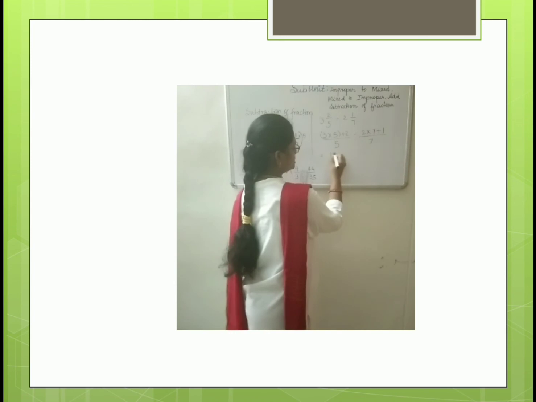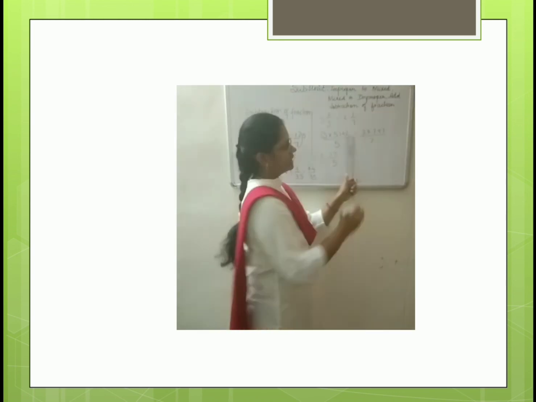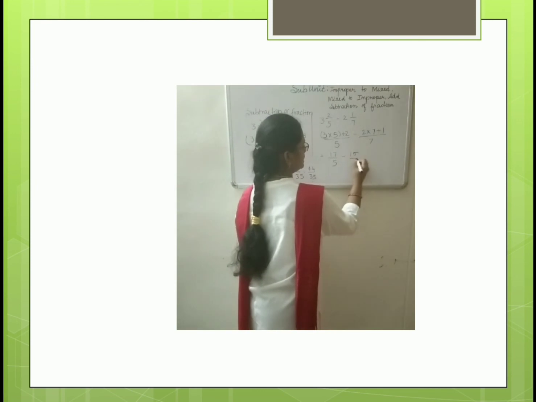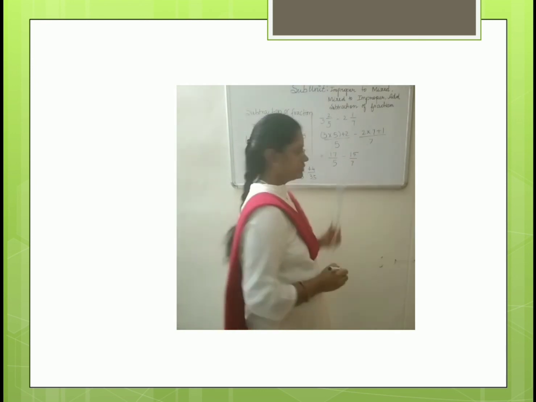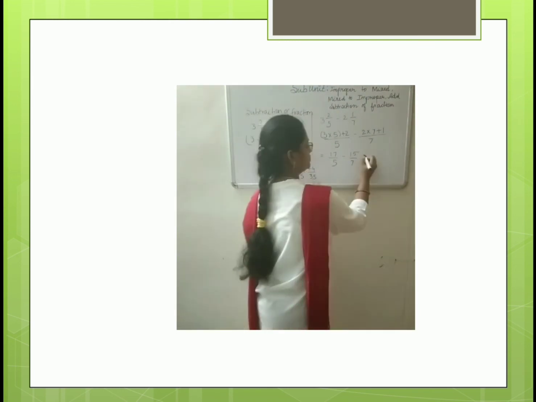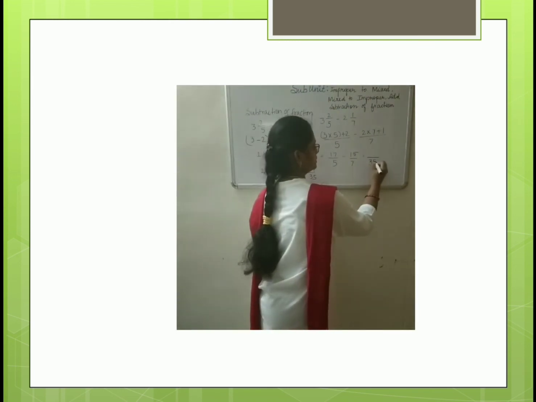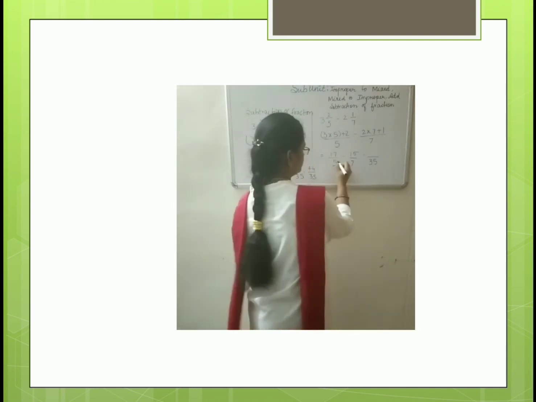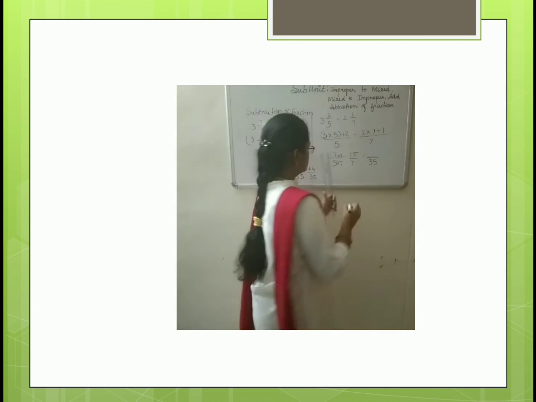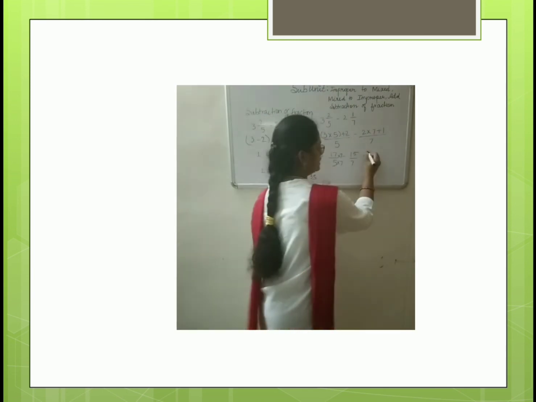Once again you have to take the LCM now. LCM is 35, multiplying into 7. 17 into 7, 119, minus 15 into, you have to multiply it with 5 because you get 35. 15 into 5, 75.